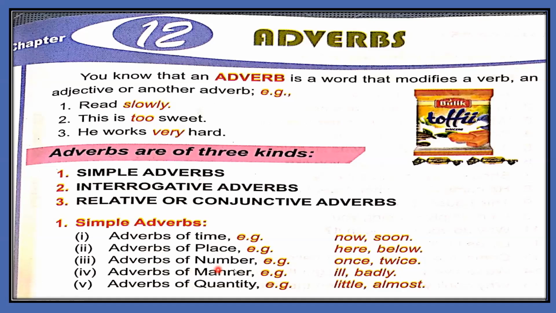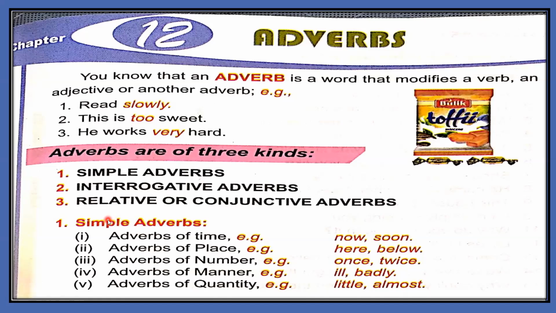Number three, adverbs of number: once, twice, thrice. Adverbs of manner: ill, badly, like this. Adverbs of quantity: little, almost, less. These are the adverbs of quantity.